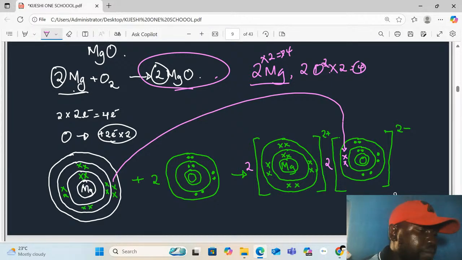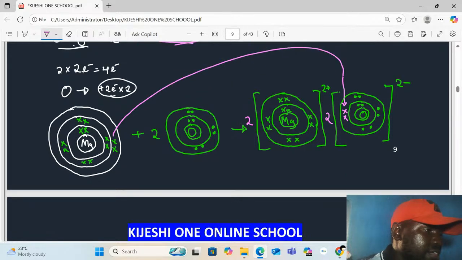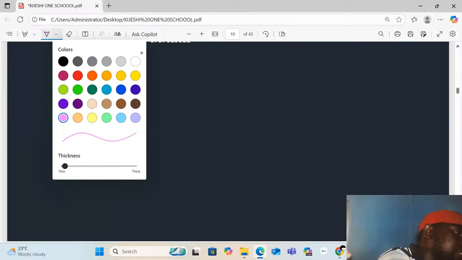Now from here, now we can look at now the physical properties. Now let's look at the physical properties.